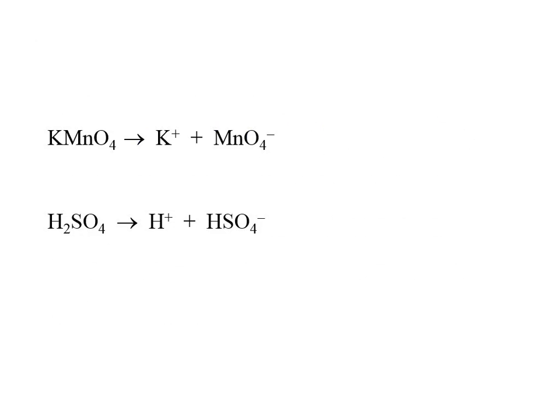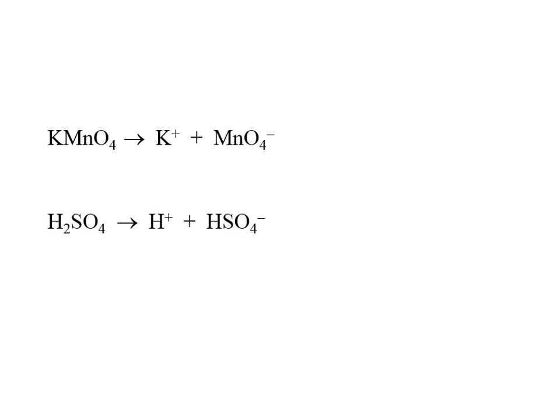So in your burette, in your titrant, the KMnO4 stands for potassium permanganate. It breaks apart to give you K plus 1 and MnO4 minus 1.